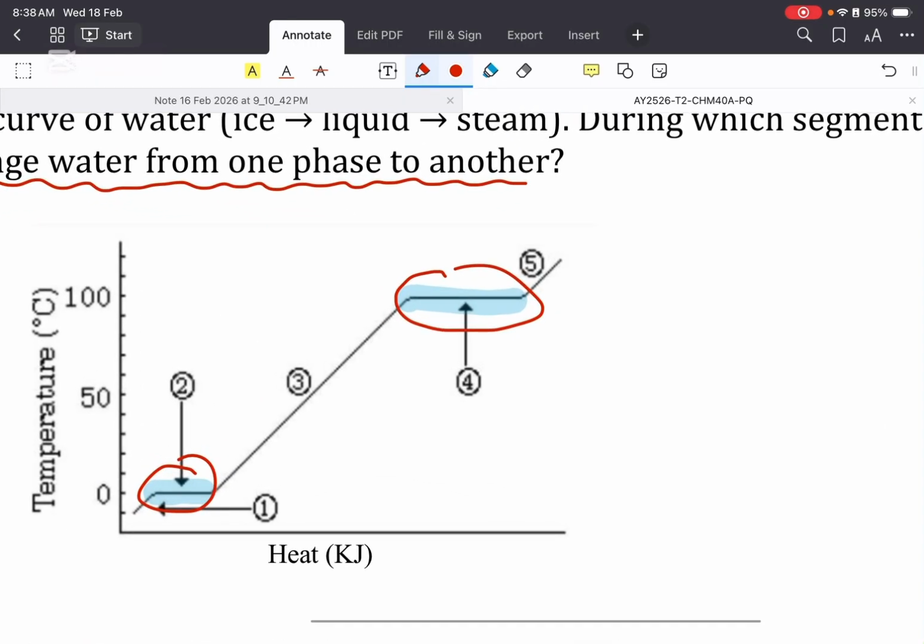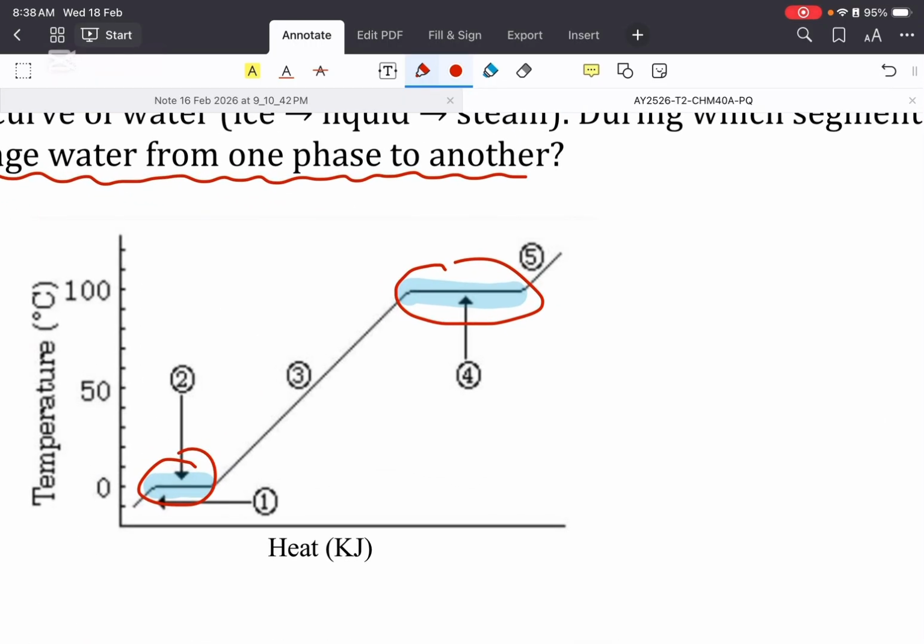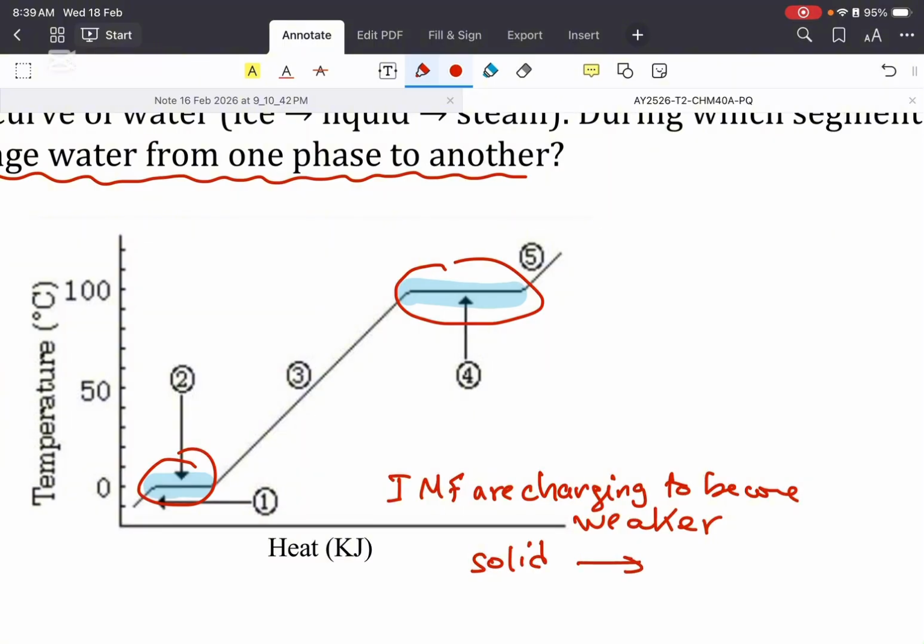Now why is segment 4 larger than segment 1? In segment 1, the intermolecular forces are changing to become weaker from solid to liquid. So we just want the intermolecular forces to loosen a little bit so that the particles can start sliding past each other instead of moving in their place and vibrating in the solid phase.